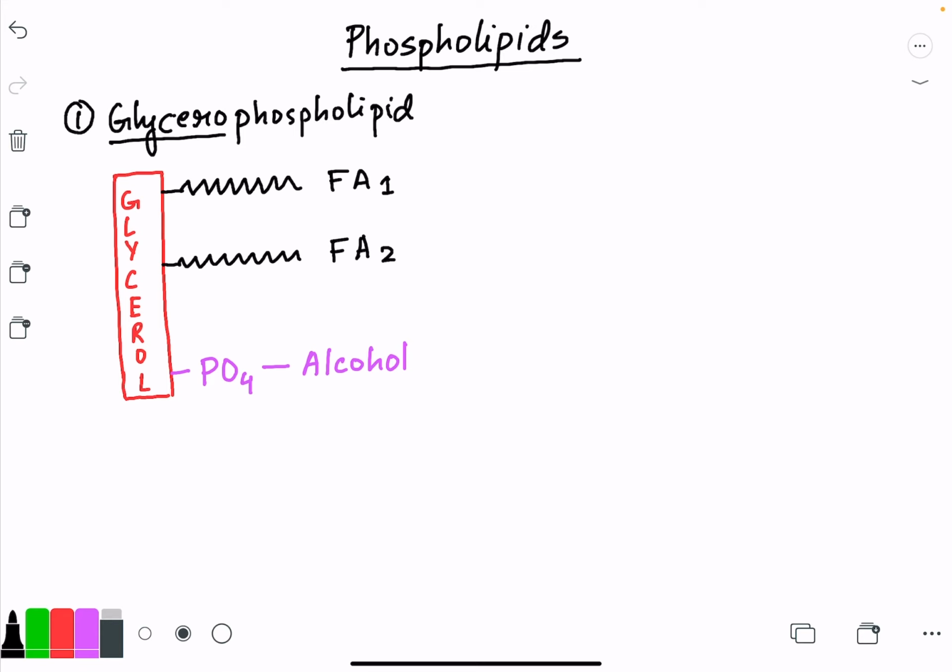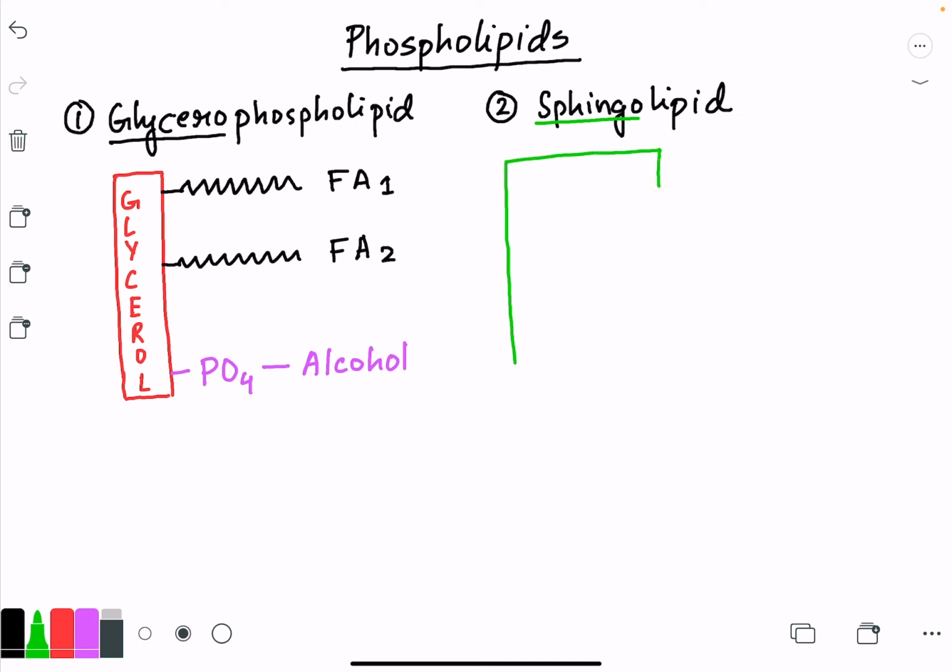The second type of phospholipid was sphingolipid or sphingophospholipid. Here the backbone is different. The root name is sphingo, so the backbone will be of another kind of molecule known as sphingosine.